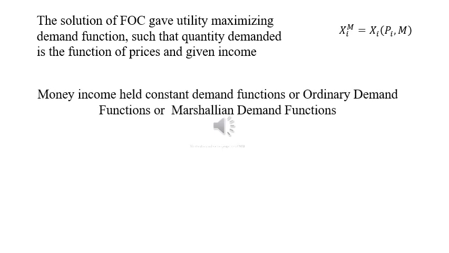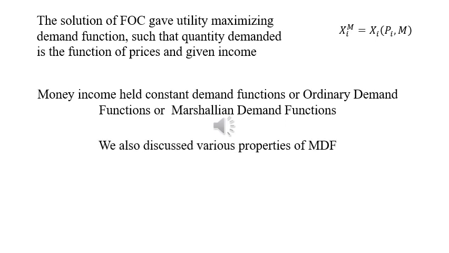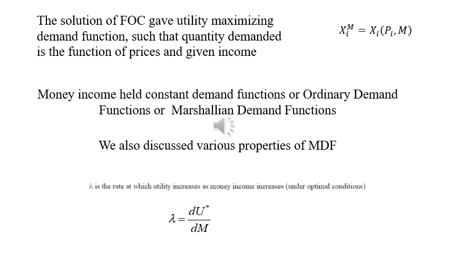After discussing the derivation of the Marshallian demand function, we discussed the three basic fundamental properties of the Marshallian demand function, including homogeneity, Engel aggregation, and Cournot aggregation. We also discussed the implications of these three properties. After that, we finally talked about the Lagrangian multiplier lambda, which is the rate at which the optimal value of the objective function changes as a result of change in the constraint.